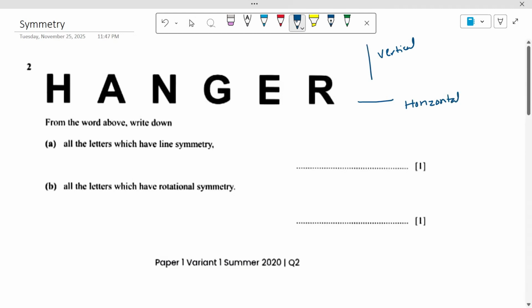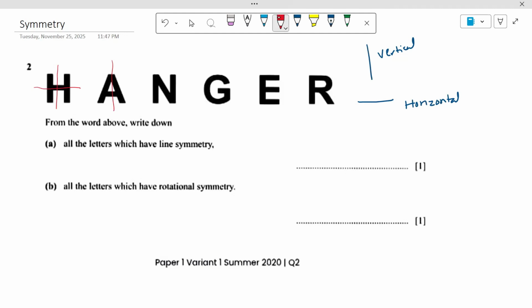Okay, now our first letter here, H, we can draw a vertical line, we can draw a horizontal line also, and we can see that it can cut into equal symmetrical parts. Now A, it also has line of symmetry. N doesn't have line of symmetry. G doesn't have line of symmetry.